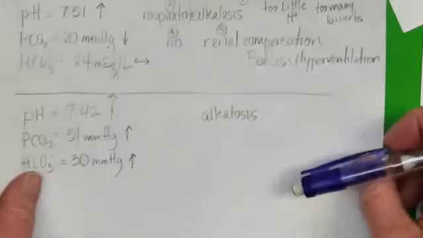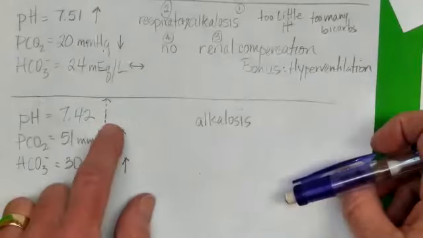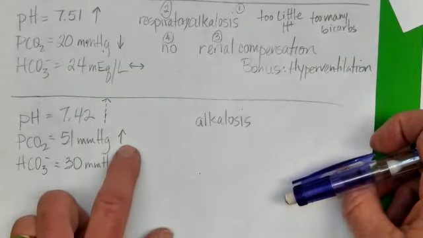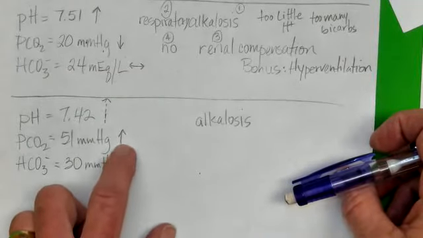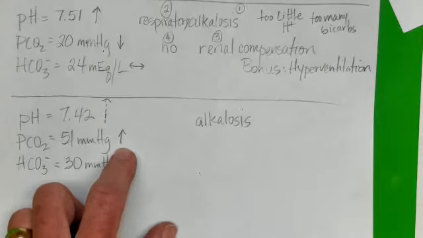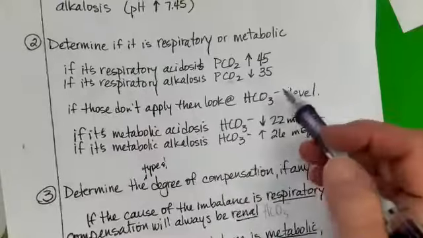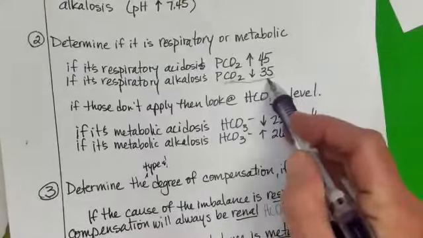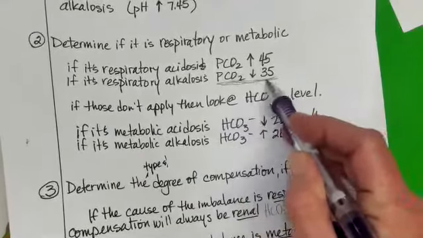All right, so now let's finish off this question. Okay, this number is high. This number is high. So is it respiratory? What did we decide? If it's respiratory alkalosis, what does my PCO2 have to be? Less than 35.